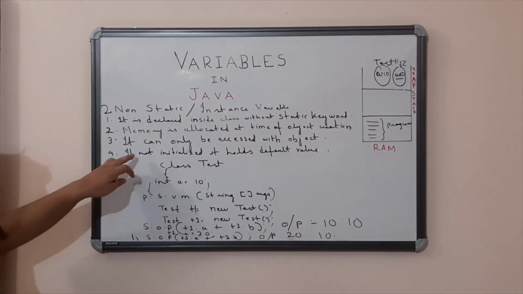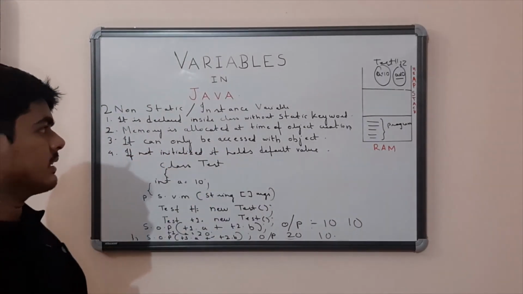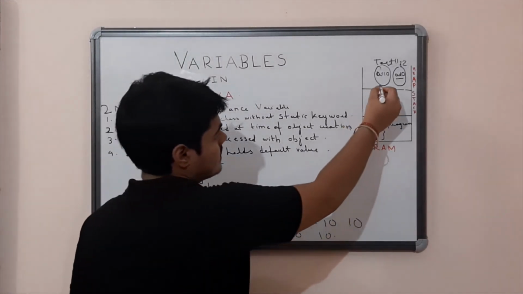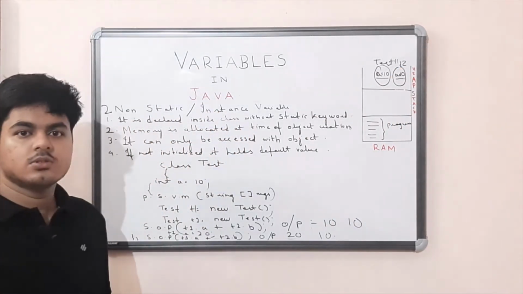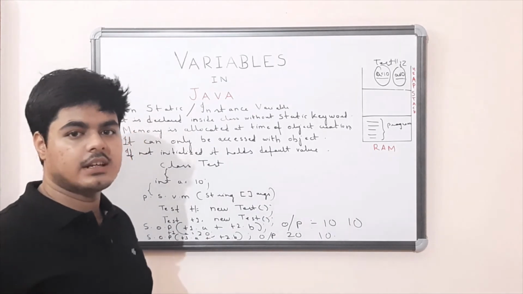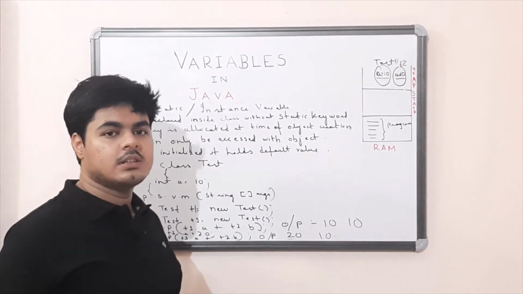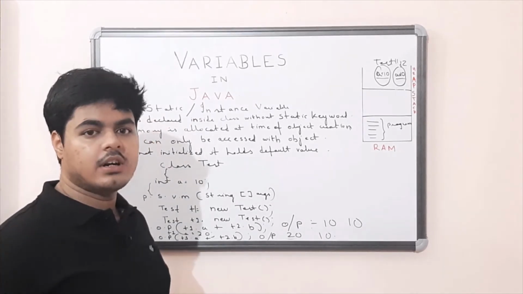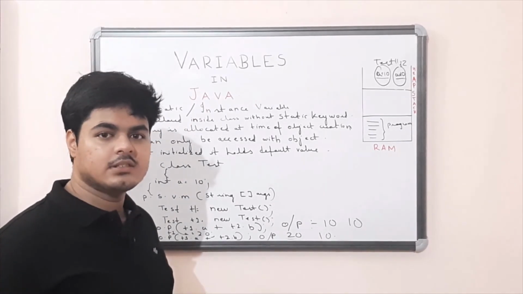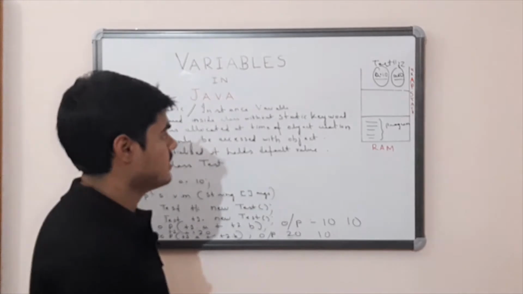Now it can only be accessed with an object. Since these variables are part of the object, how can it be accessed with the class name? So it is illogical. In Java, a non-static variable is accessed with the help of an object.